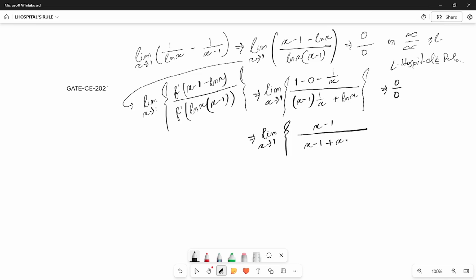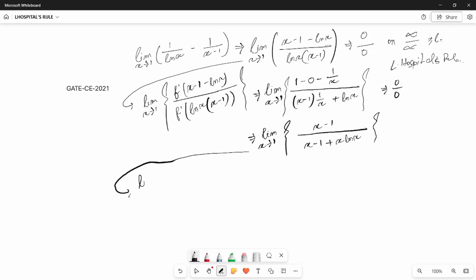plus x ln x. Okay, this x will be cut down, and from that section it will be like this. Now I can do this. That is f double dash. This function again we need to reduce, means double dash of this function.